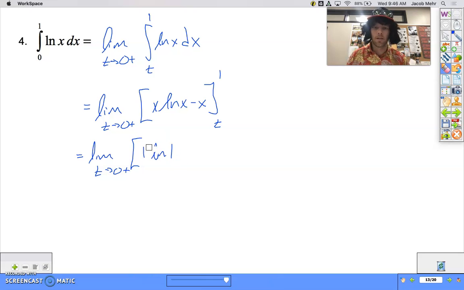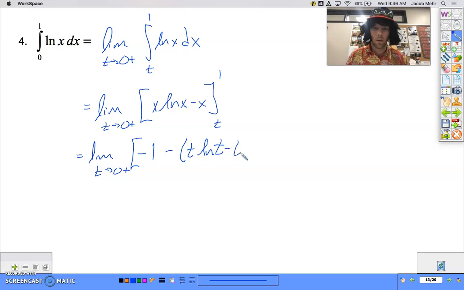Natural log of 1 is 0. So that just ends up being 0 minus 1, which is negative 1, minus, now substitute in your t. Negative 1, let's distribute the negative.